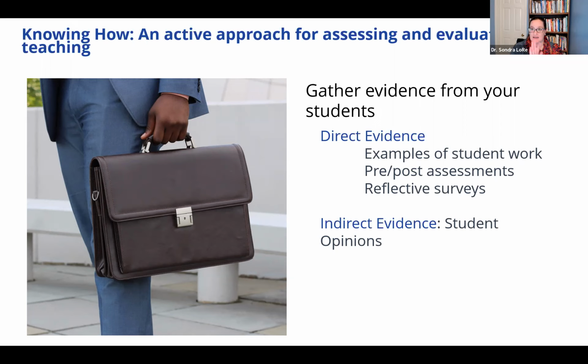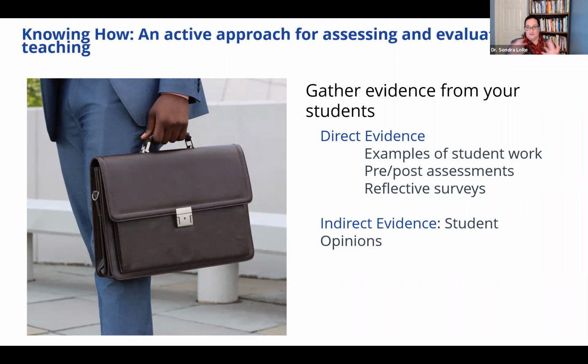Instead of just a traditional pre and post, you can also ask post, because sometimes we don't know what we don't know until we've experienced it. So we can also have indirect evidence, right? Early feedback forms. What do you want me to continue doing? What do you want me to stop doing? What do you want to know more of?